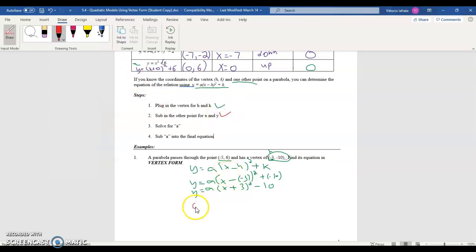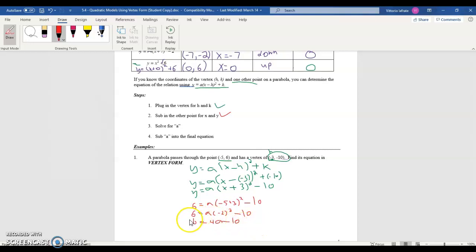So our y is 6, which is equal to a, and then our x is negative 5 plus 3, squared, minus 10. Then we get 6 is equal to a times negative 5 plus 3 is negative 2, squared, minus 10. So 6 is equal to, negative 2 squared is 4, 4a minus 10.